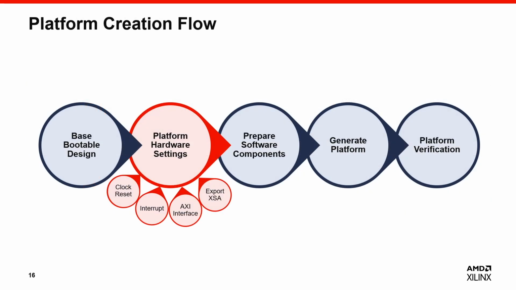Once the base bootable design can boot properly, we can start hardware settings for platform requirements. In this stage, in order to make the hardware design comply with the Vitis platform requirements, we need to check whether it can provide clock, reset, interrupt, and AXI interface. One clock and its associated reset signals are mandatory, because without the clock, kernel cannot work.